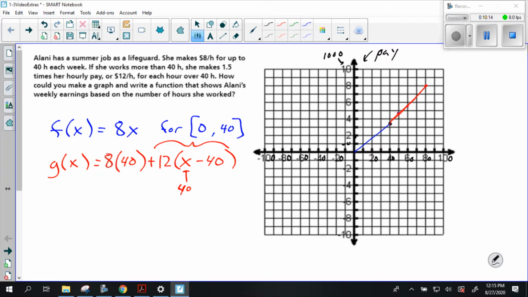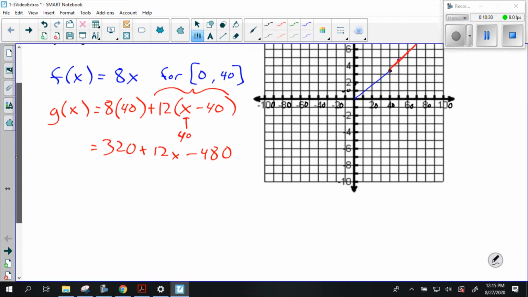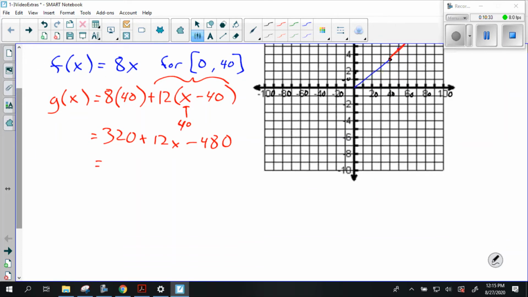Let's go ahead and simplify this. So we're going to have 320. We're going to distribute this 12. So 12x minus 480. Which is going to give me 12x minus 160. And that makes a lot more sense, right?